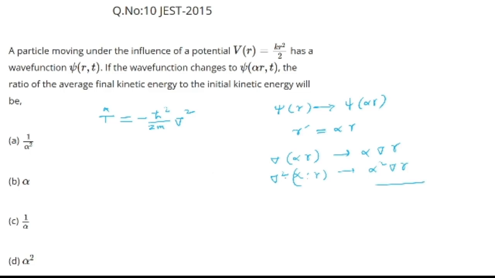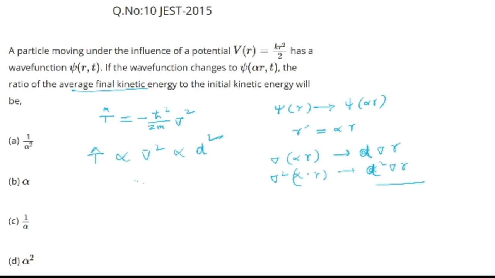Now the T operator is directly proportional to grad square. So for the average kinetic energy when we change psi of r, t to psi of alpha r, t, we get alpha squared times the original, that is, it is proportional to alpha squared.